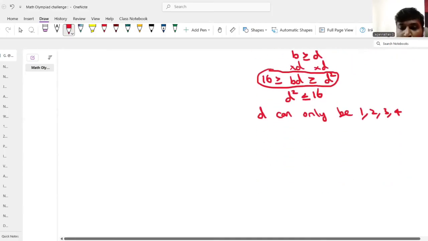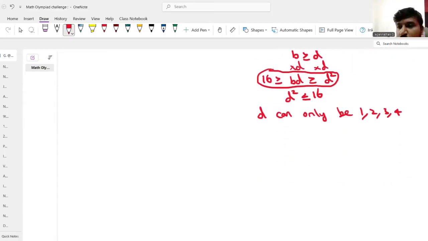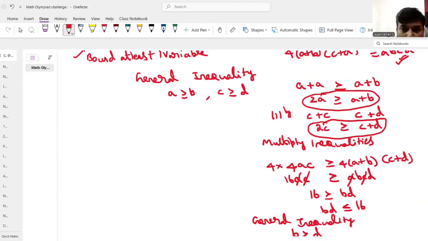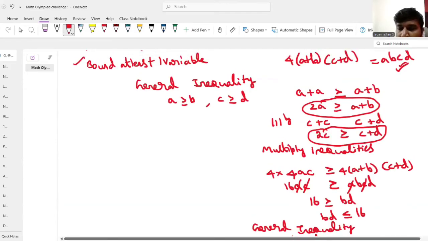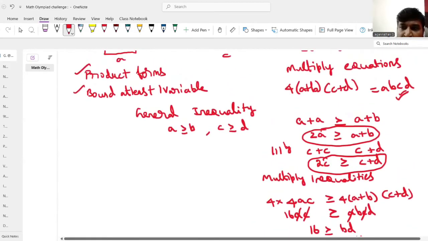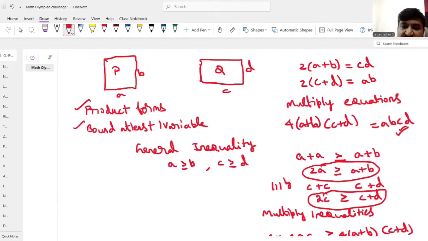Okay. So going forward, I need to do manipulations with the other equations. I understood D is something I should be focusing more on because I got a bounding for D only. So I have to take my other equations and start playing with them. I will take equations where D was actually present.